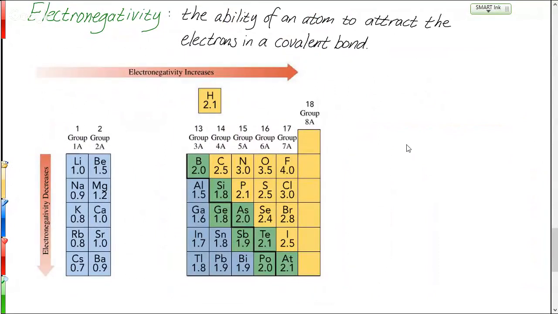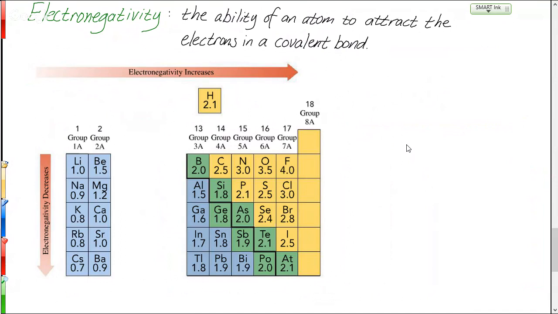And it looks like this. It's a unitless quantity, so it's not like a measure of something. It's just kind of a relative amount. So we say that fluorine has an electronegativity of 4, oxygen of 3.5, nitrogen of 3. You don't have to memorize these numbers. What we can say, and what you can remember, is that there's a trend in the periodic table.